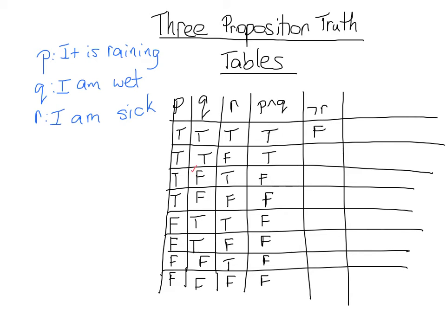So it's the opposite of R. So it goes false, true, false, true, false, true, false, true. So when you look at these 2 columns, R and not R, each row in those 2 columns must be opposite to each other.